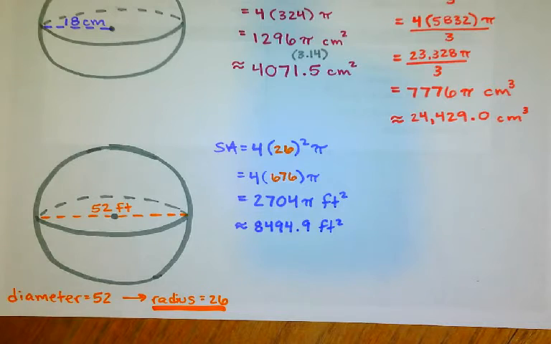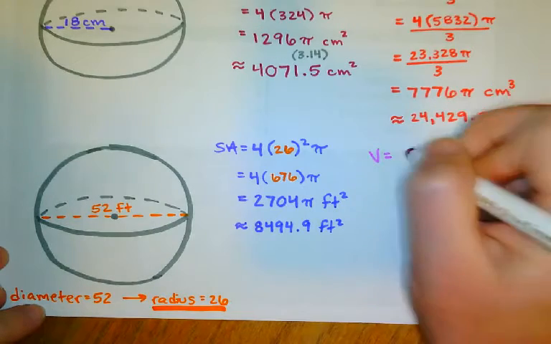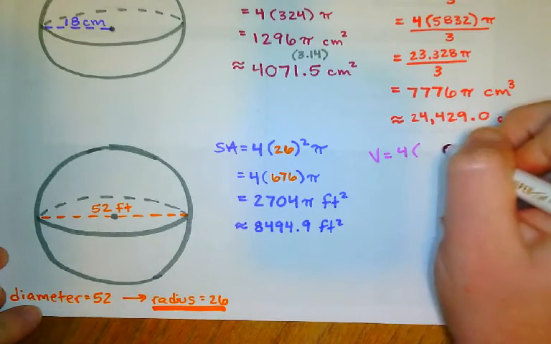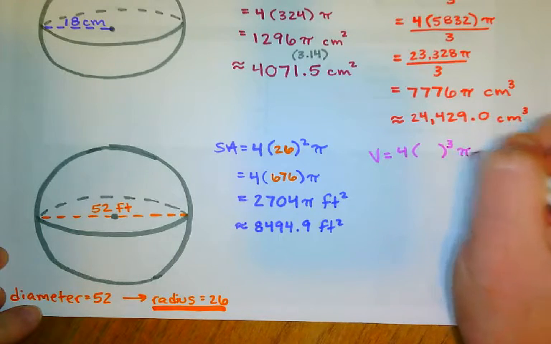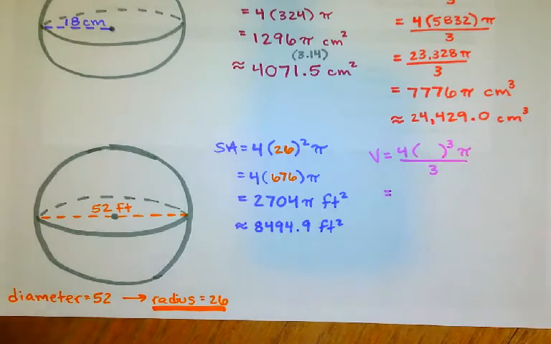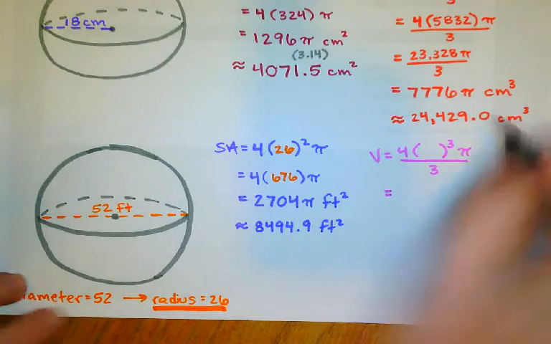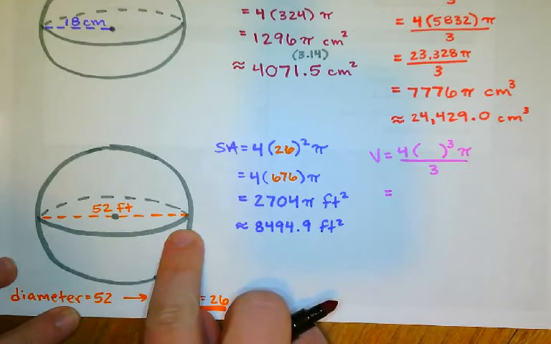To find our volume, remember, same idea, we've got 4, I'm going to leave a space here for our radius cubed pi, and then that's all divided by 3. Okay, so we are plugging in 26, our radius, not 52. 52 is all the way across.